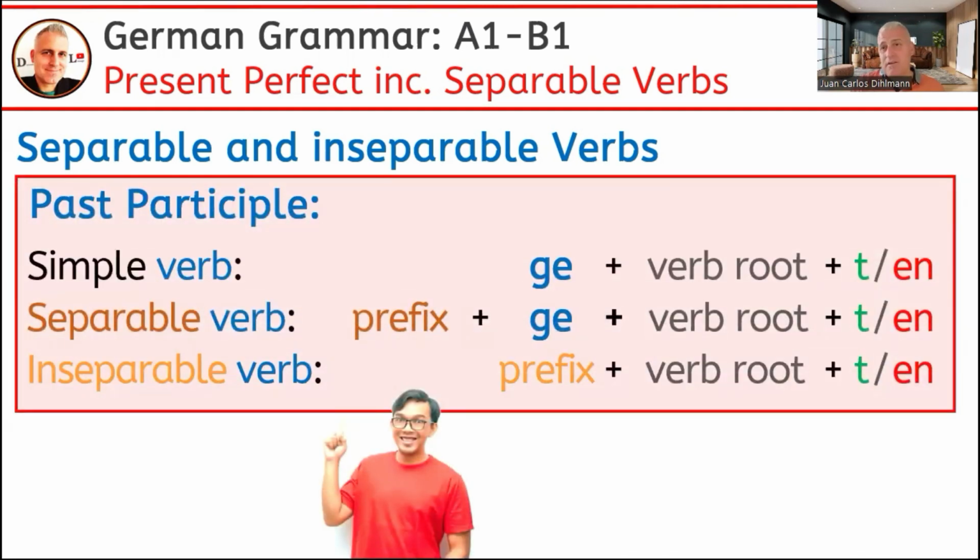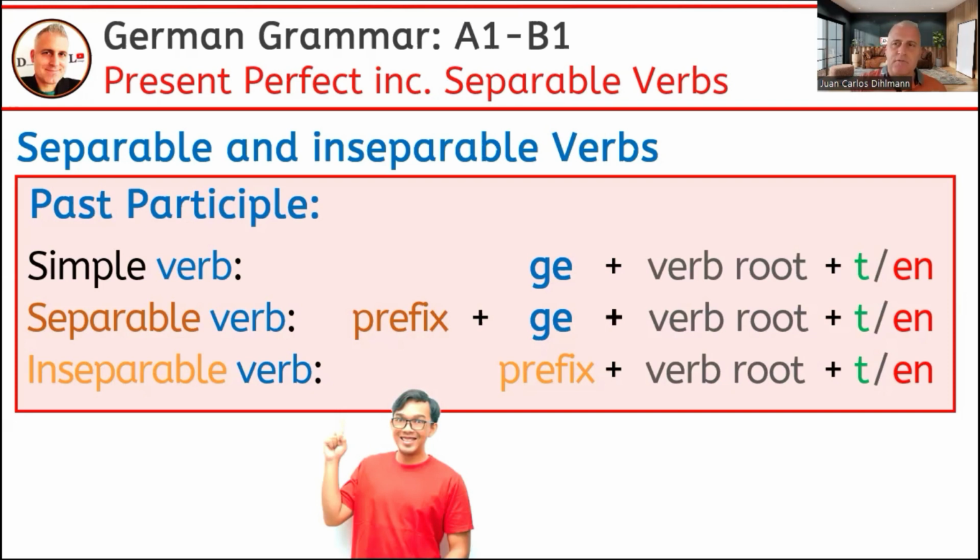So what does that mean for all the other verbs in German? We have 3 different patterns for the past participle. If we have a simple verb like kaufen, we form the past participle like this. Ge plus verb root and then plus t if it's a regular or mixed verb, or n if it's an irregular verb.